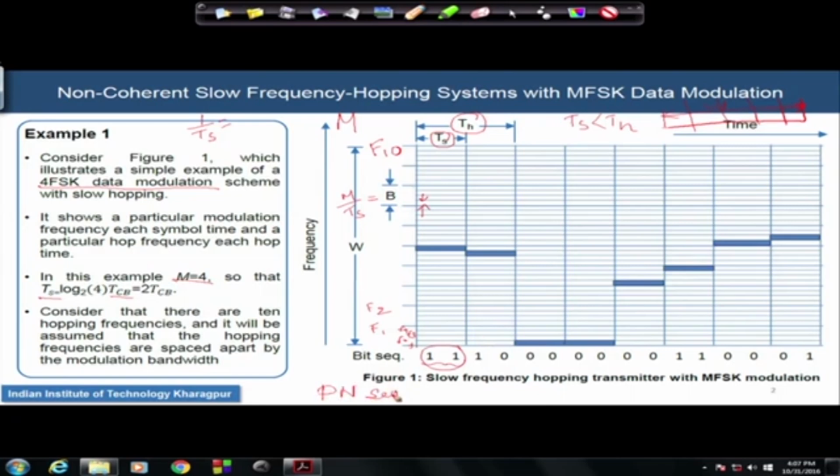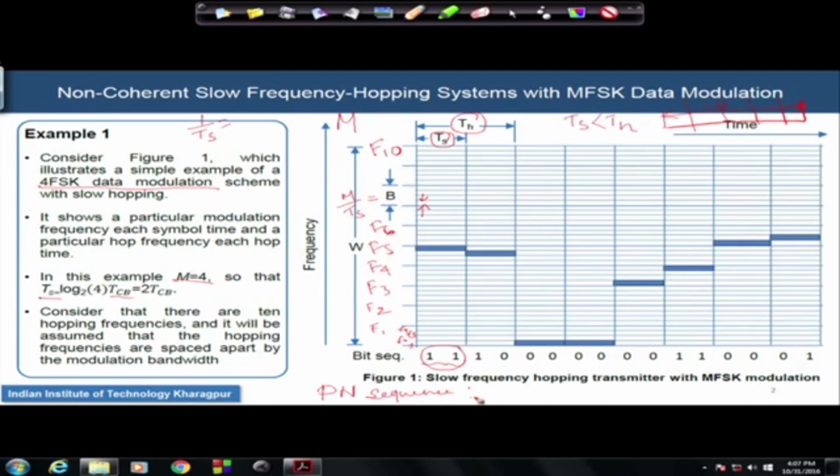For example, in my case the hopping is such that the sequence is like this: F1, F2, F3, F4, this is F5, this is F6.